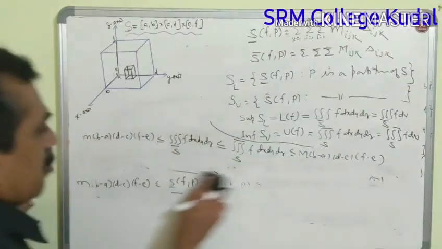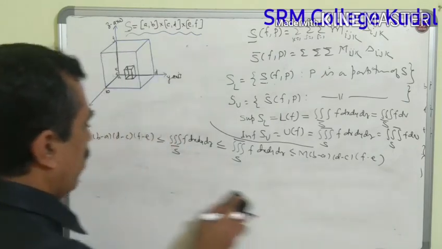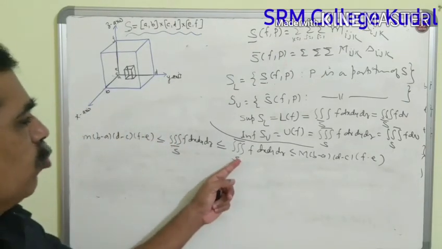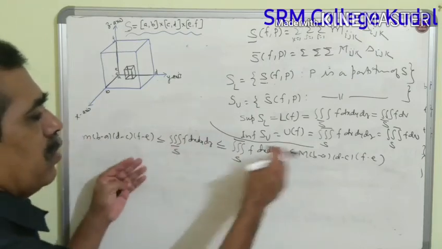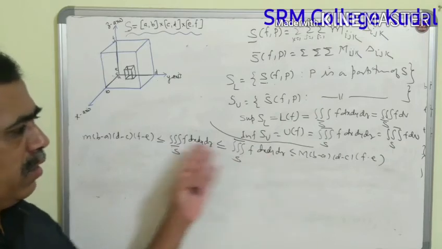So this is how the lower triple integral and upper triple integral of the given function f over the cuboid S lie between these two definite numbers, and they are well defined.